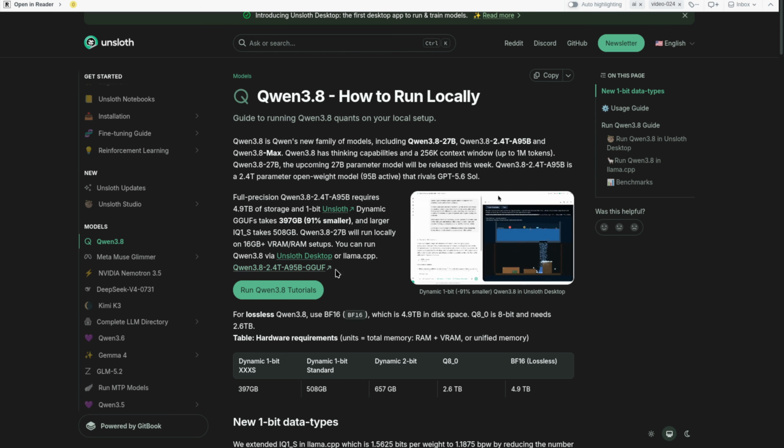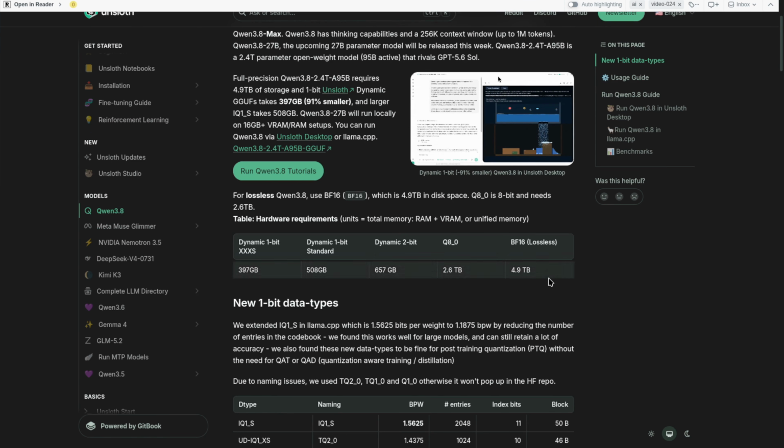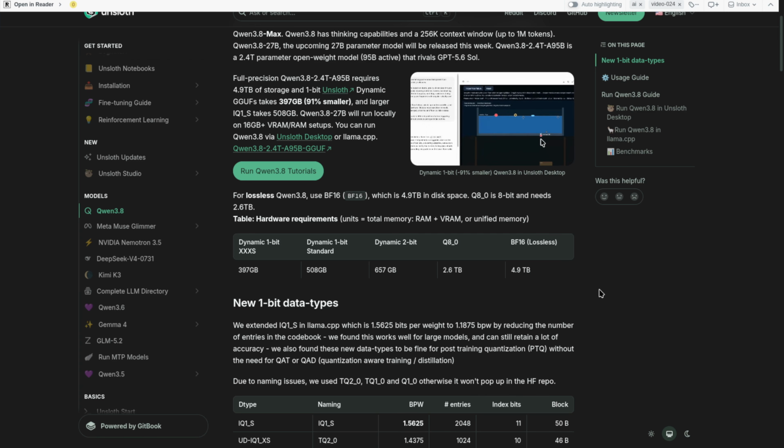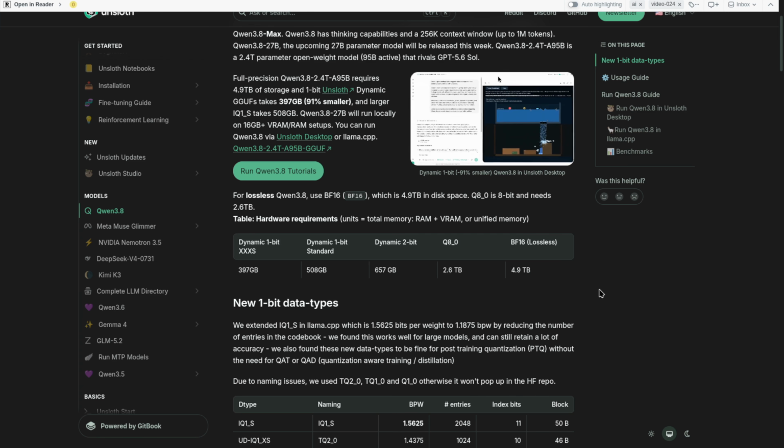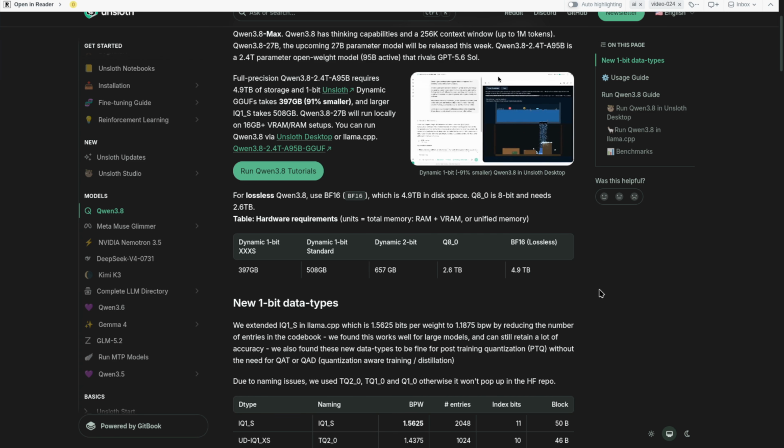If we take a look at the details, there are different levels of compression taking place. At its highest form, the lossless version, it requires 4.9 terabytes. Unsloth's compressed build at 4-bit is 1.3 terabytes. At 2-bit, it's 657 gigabytes.